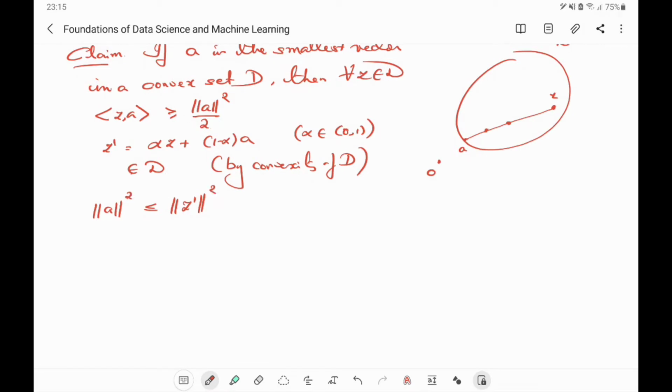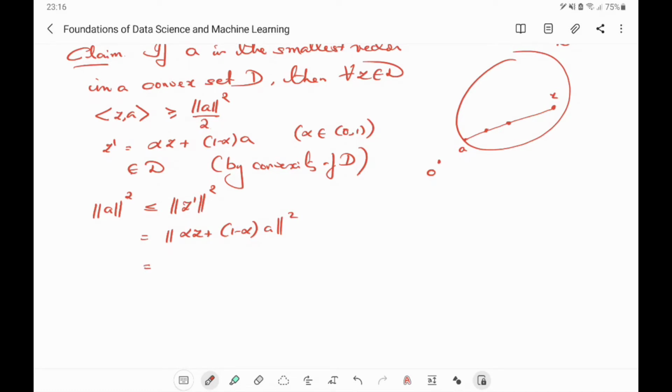I square both sides to make my analysis simpler, and norm of Z prime squared is norm of alpha Z plus 1 minus alpha A, the whole squared.